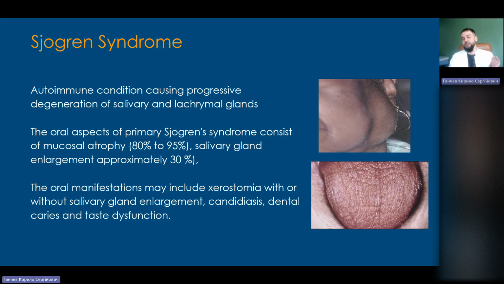Sjogren syndrome, you can meet that in practice too, so you have to at least understand the common things about it. It's an autoimmune condition, so it's not odontogenic again. It's just one of the problems not connected with teeth, but still you can see that in your office, in your dental practice.